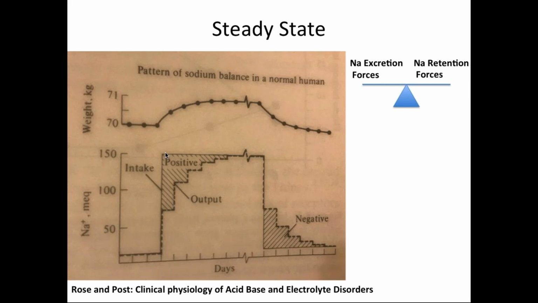As this extracellular fluid volume increases, the sodium retention forces will go down. So the renin, angiotensin, aldosterone system will shut off, and the ANP, which is among the sodium excretion forces, will increase, and so the sodium excretion will increase as well.